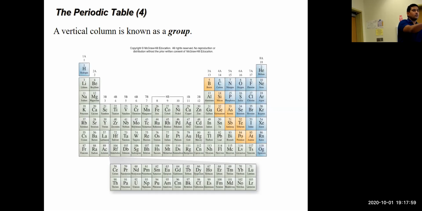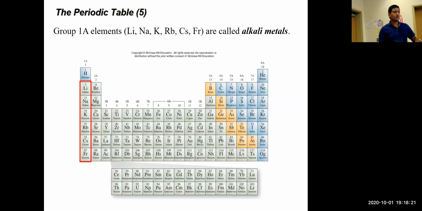Those are called groups. This is called group 1A, this is group 2A, and this is group 3A, and so on. The group number is written on top of each element, and all of the elements in the same group use the same group number. So let's dig into a few groups and their characteristics.